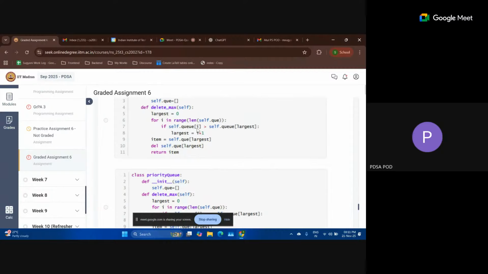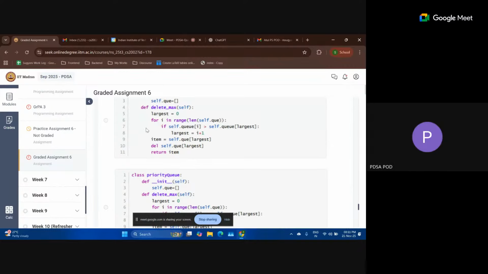What is this for loop doing? It is finding the element with the largest priority. Here in the for loop, it checks whether q of i is greater than q of largest, then sets largest equal to i plus 1 and so on. This for loop is involved in finding the element with the highest priority so that you will delete that particular element, right?